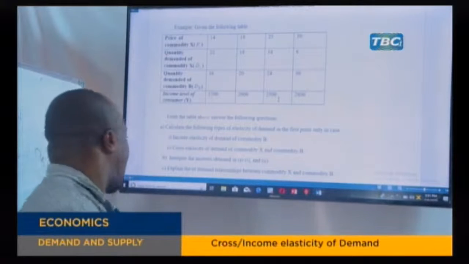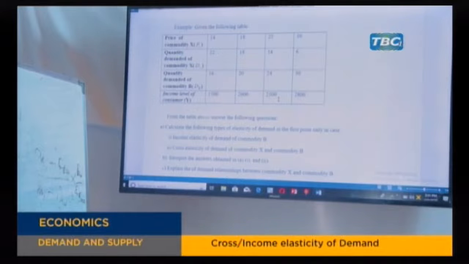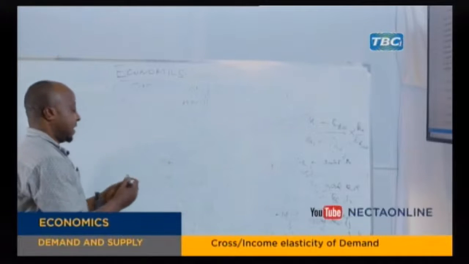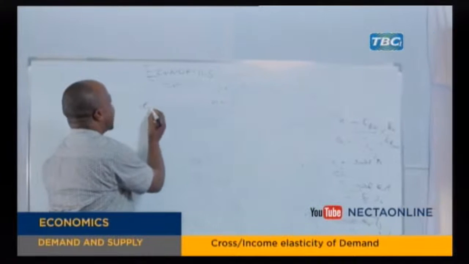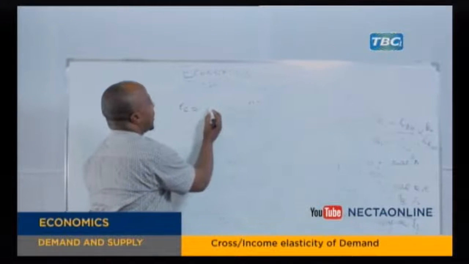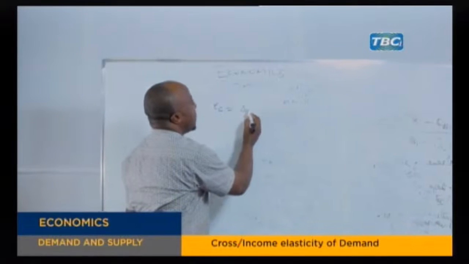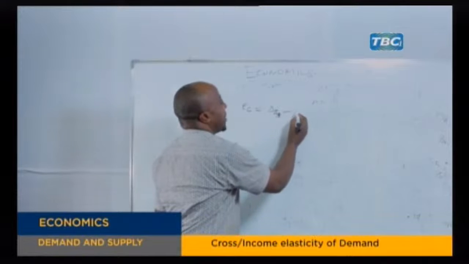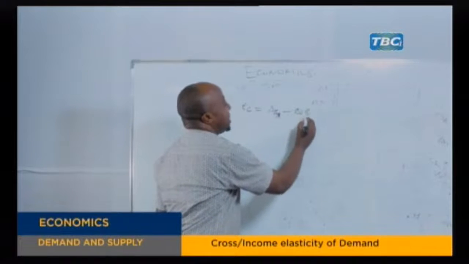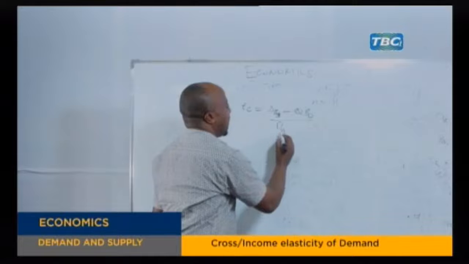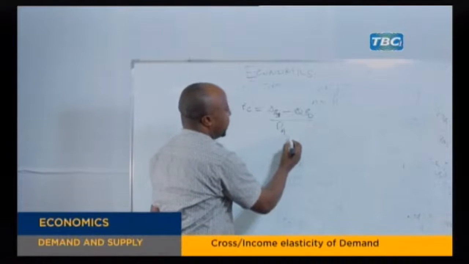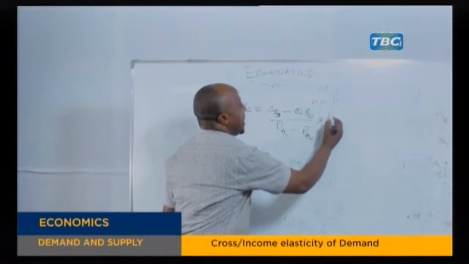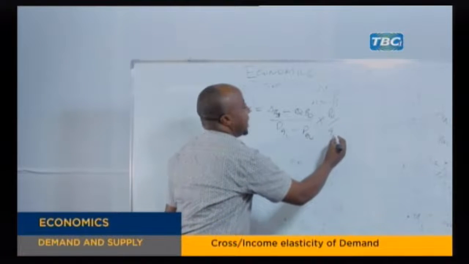Cross elasticity equals the new quantity of commodity B minus the original quantity of commodity B, over the new price of A minus the original price of A, then times the original price and original quantity.